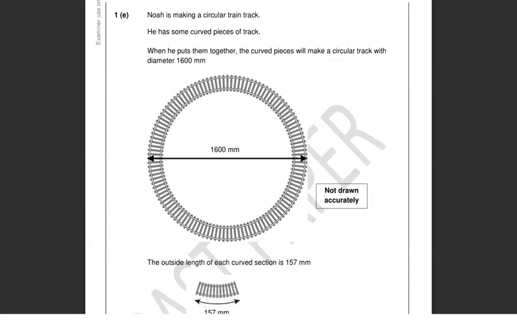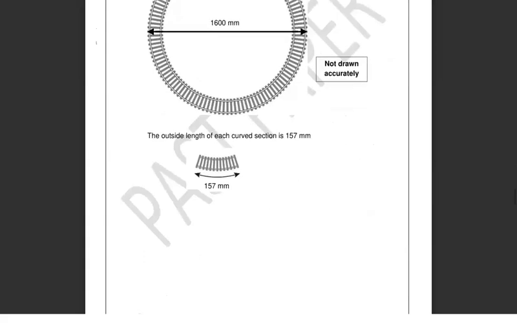So Noah is making a circular train track. He has some curved pieces of track. When he puts them together, the curved pieces will make a circular track with a diameter of 1,600 millimeters.